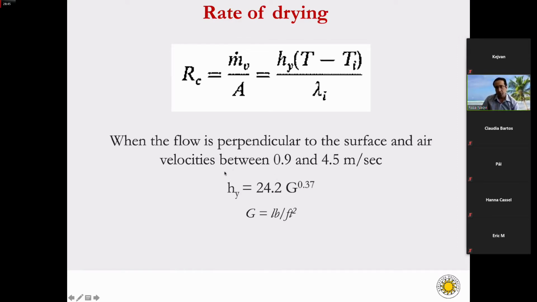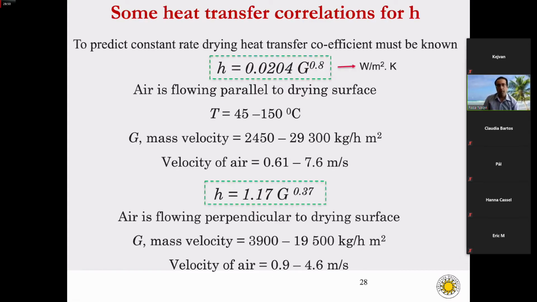Normally, this kind of equation we can have in terms of British units, but we also know the empirical equations for SI units if we would like to calculate the heat transfer coefficient in watts per square meter per Kelvin. The first equation you can use when air is flowing parallel to the drying surface, and the second equation when air is flowing perpendicular to the drying surface.